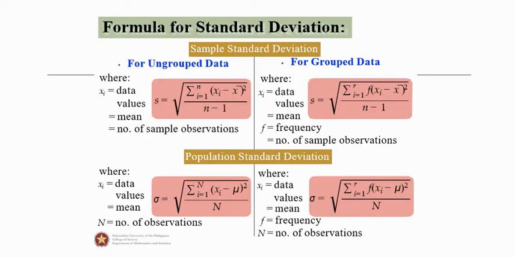It means you're going to subtract the mean from all the data values, and then you square it after you subtract. Then you get the summation: you add all those squared differences, divide by n minus 1, and after that, you get the square root.